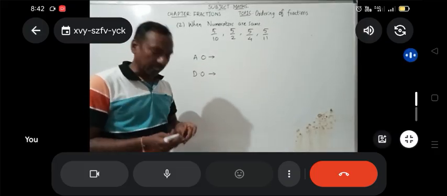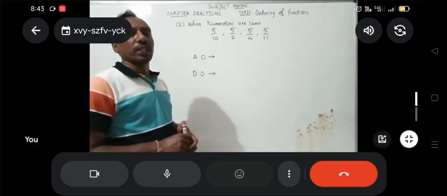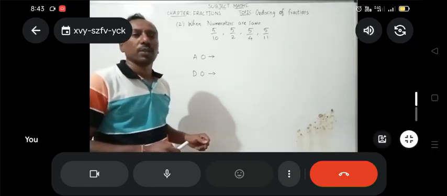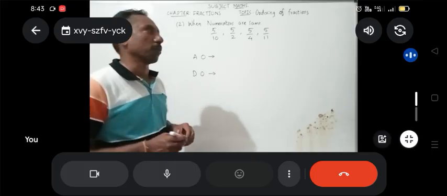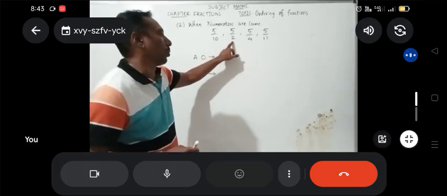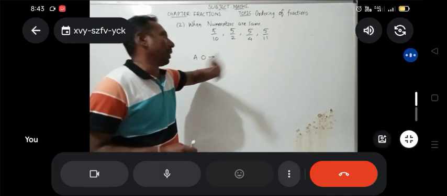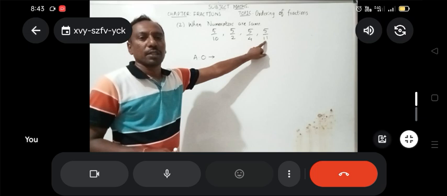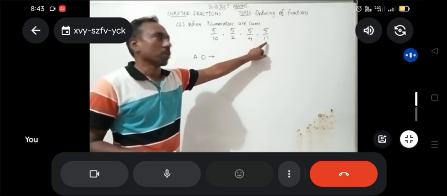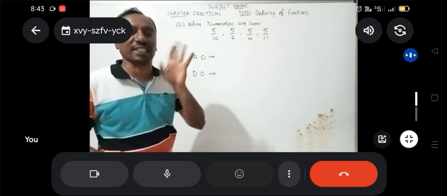See, this we have discussed yesterday. When the numerators are the same, the denominator which is more has less value. 10, 2, 4, 11. When you compare the denominators, 11 is more, so the value of the fraction is less.